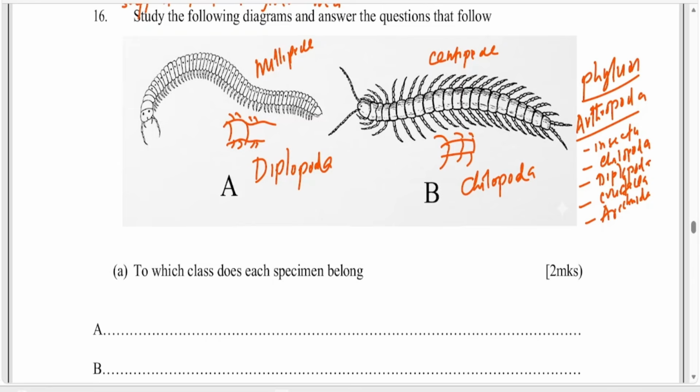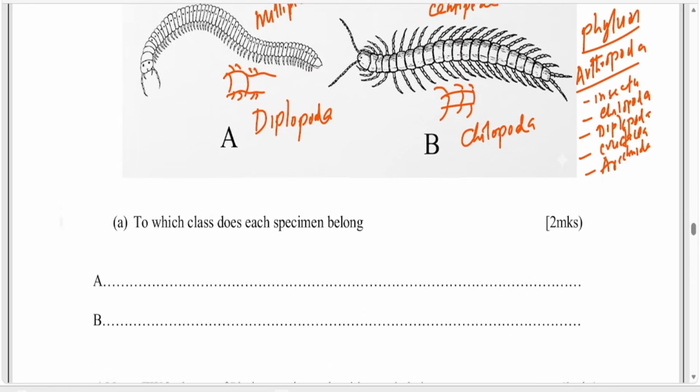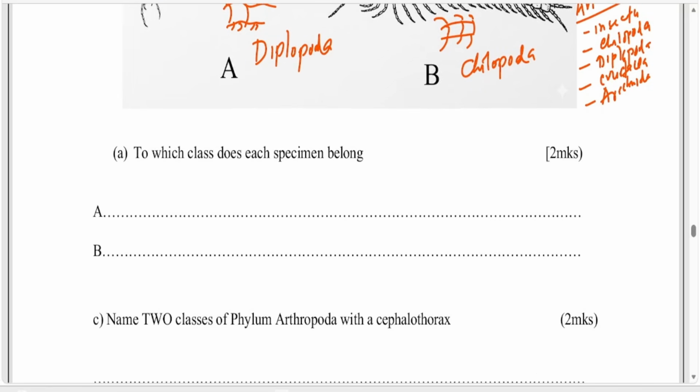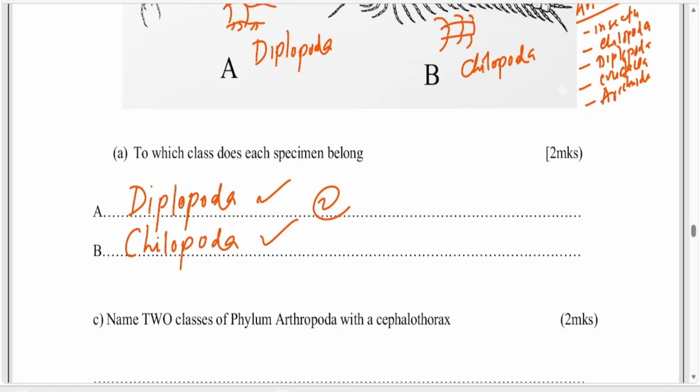So A is class Diplopoda and B is class Chilopoda. Each 1 mark, total 2 marks.